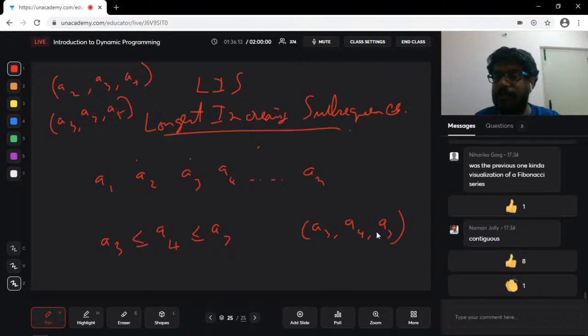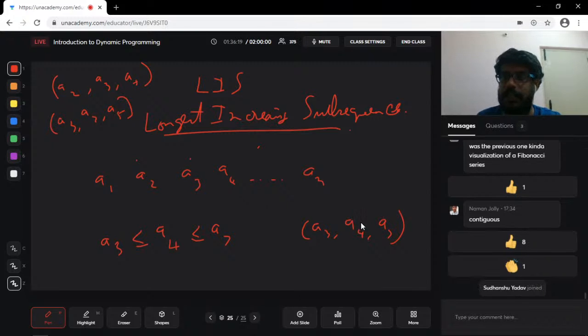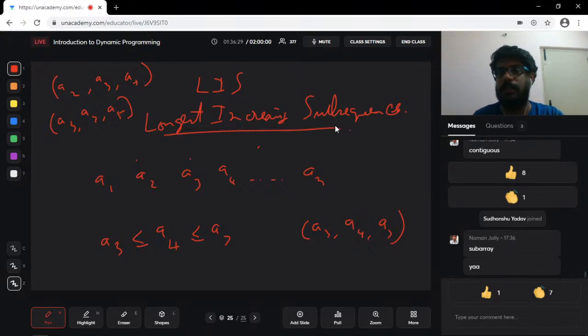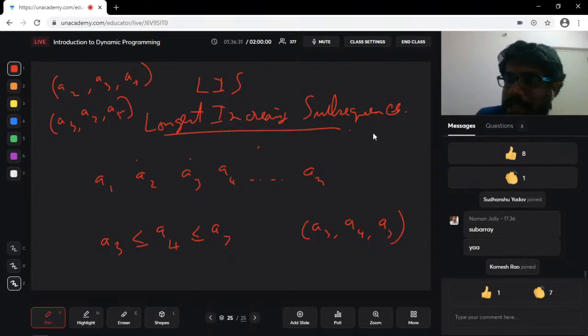It doesn't have to be contiguous. It can skip elements. There is no such constraint that it should be contiguous. If it's contiguous, the term which we'll use is a subsegment or a subarray. That is the term which usually means contiguous. But when it's a subsequence, it doesn't need to be contiguous.